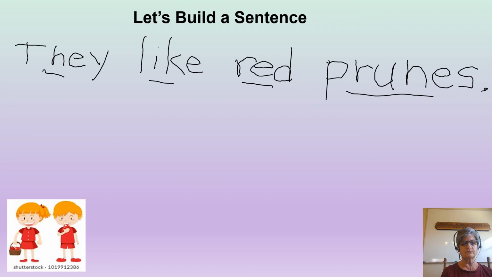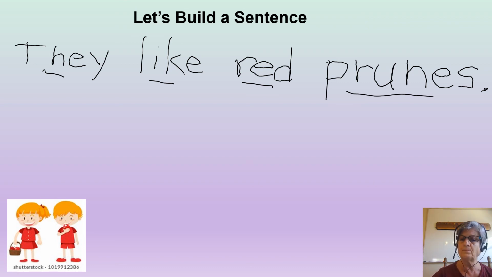But I'm going to write another sentence. That's going to be a short sentence too. I'm going to say, they are good. I mean, the prunes are good. They are good. So I ran out of space there, so I'm going to begin under the word they. And guess what? My next word is they, so I can copy it, can't I?